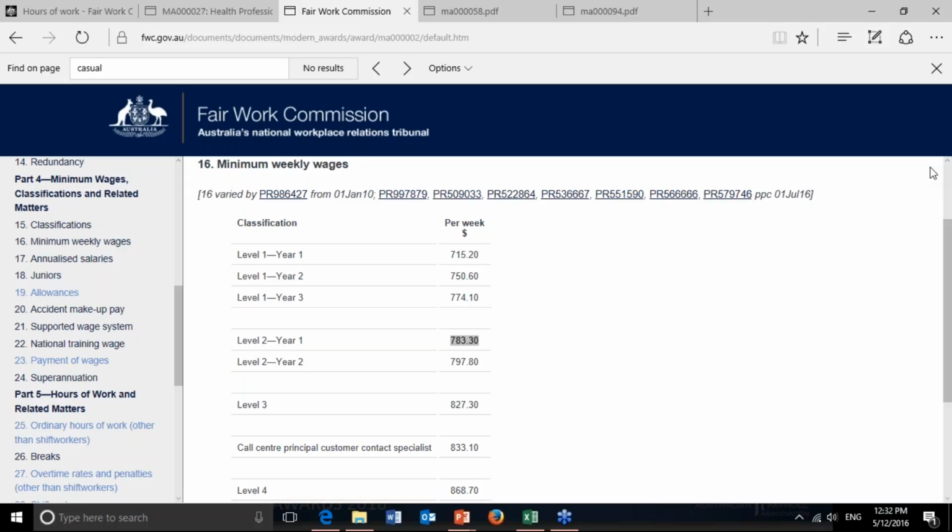So to go to a funeral when someone's passed away, when an employee takes compassionate leave, they can take 2 days on each and every occasion. When they're a part-time worker, they can take 2 days for each and every occasion.